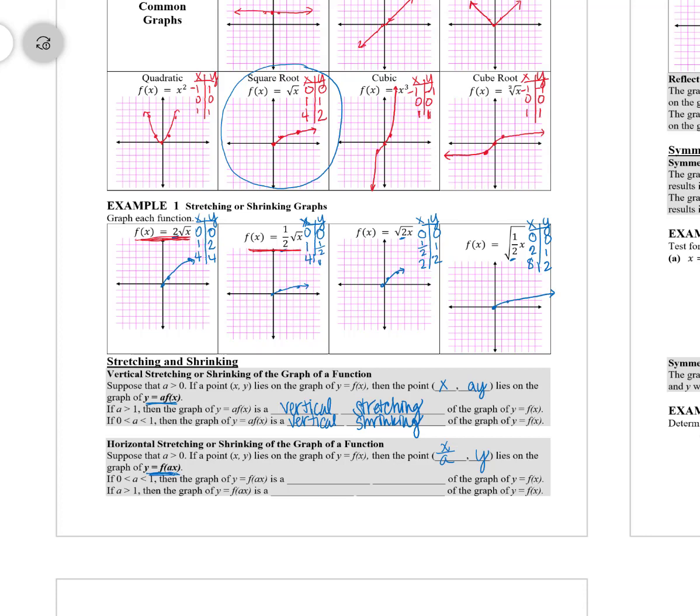And then if a is between 0 and 1, then we have a horizontal stretching. And this is in this last example. So here we had a horizontal stretching. You see that 1/2 is between 0 and 1. And for the last one, if a is greater than 1, so that's this one here, then we have a horizontal shrinking.